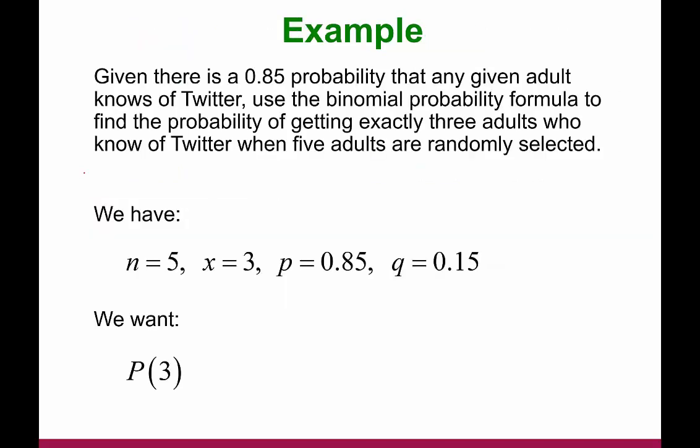Now, given there's a 0.85 probability that any given adult knows Twitter, use the binomial probability formula to find the probability of getting exactly 3 adults who know of Twitter when 5 adults are randomly selected. First of all, you always need to check the requirements.